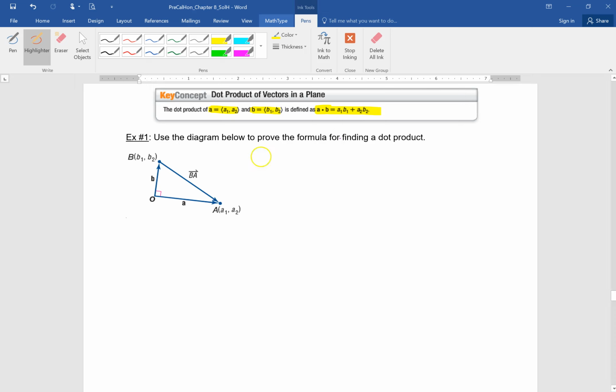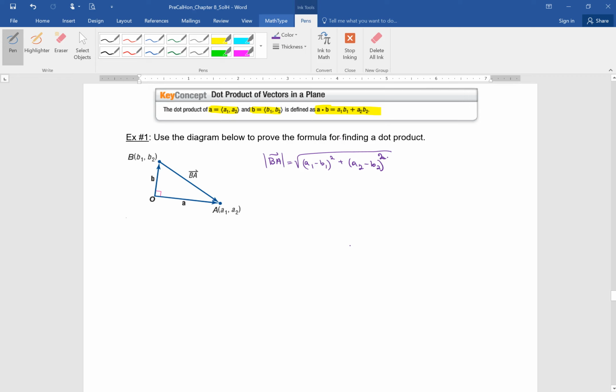So, if I wanted to find the distance between B and A, that's like the magnitude of BA, right? So, it would have to be the square root of A1 minus B1 squared plus A2 minus B2 squared. Right?